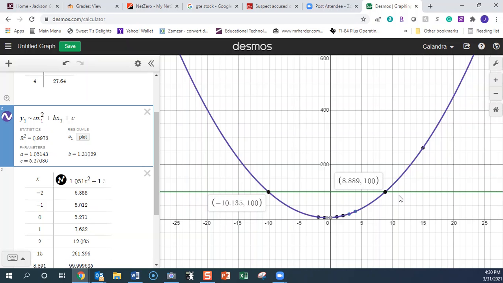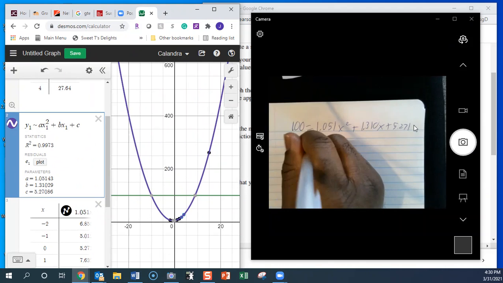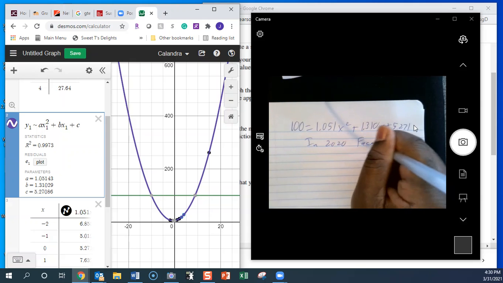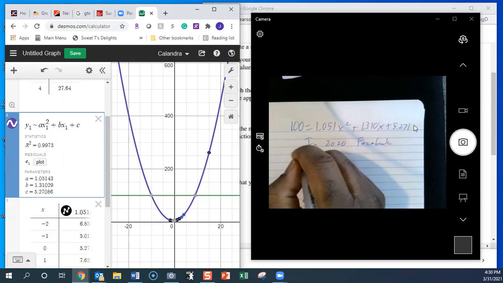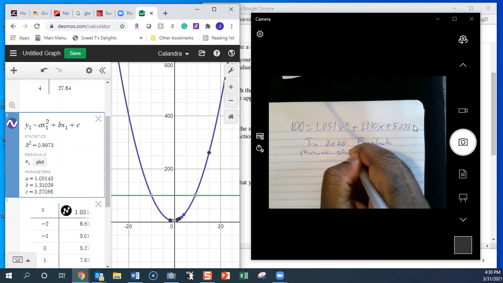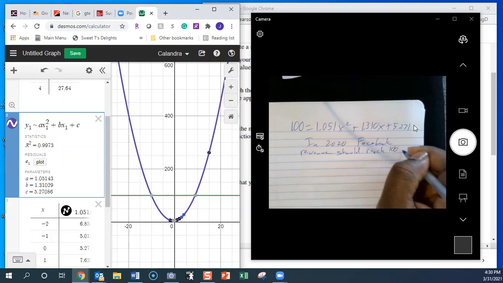So it's actually this value alone here. So it'd be in 2020. So we would say in 2020, Facebook revenue should reach 100 billion.